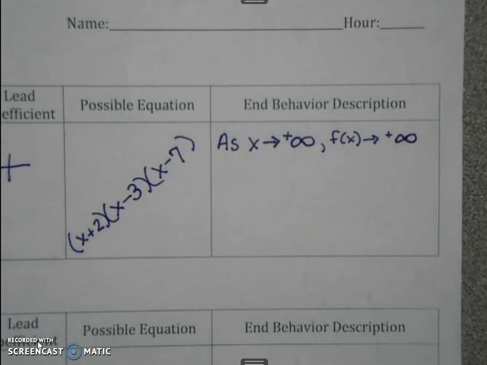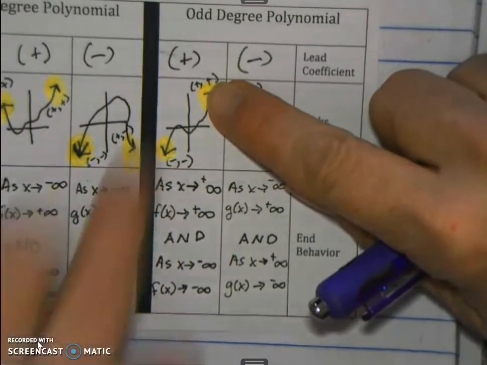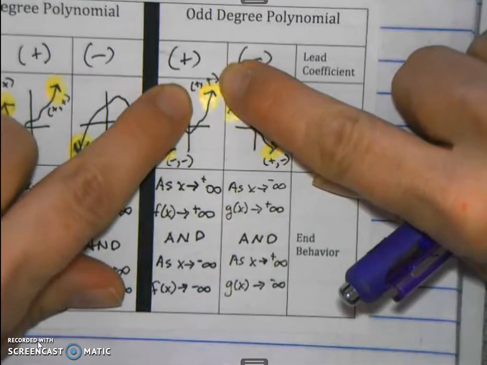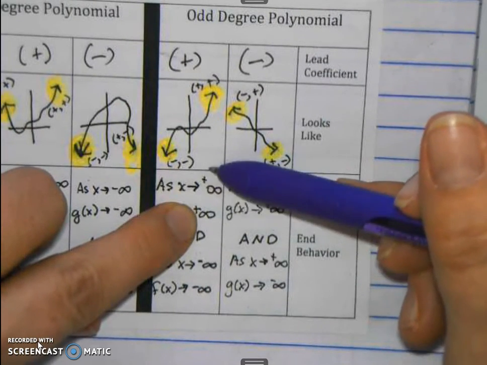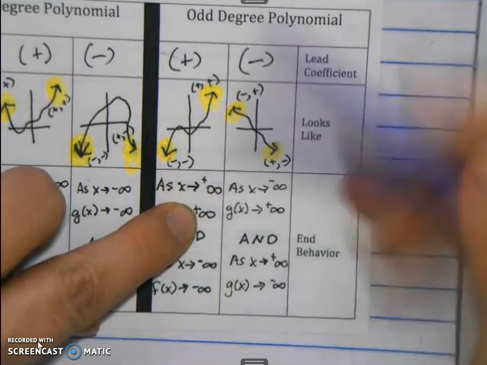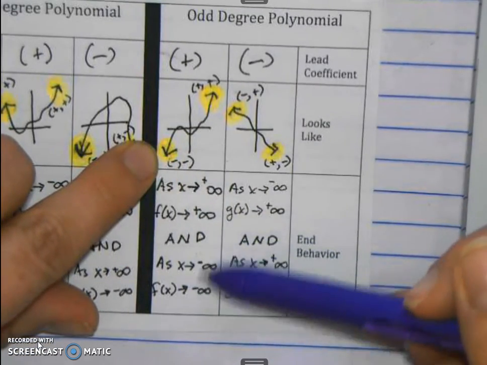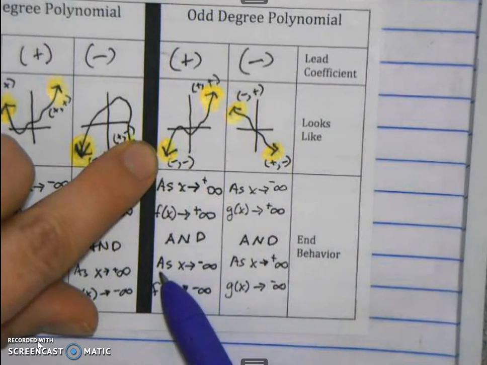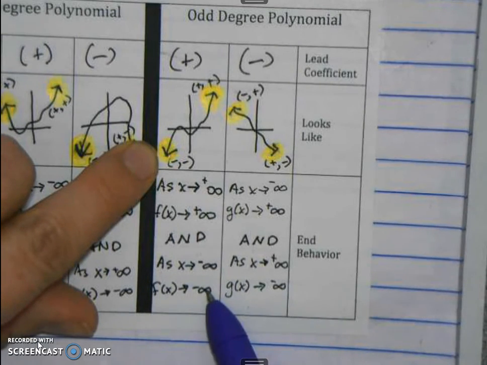Okay. Right here, we saw this end right here is in the positive corner, isn't it? And that's why the positive are with those infinities. The other end is in negative, and that's why they're going to go with these negative infinities. So the structure is as x arrow infinity, f of x arrow infinity.